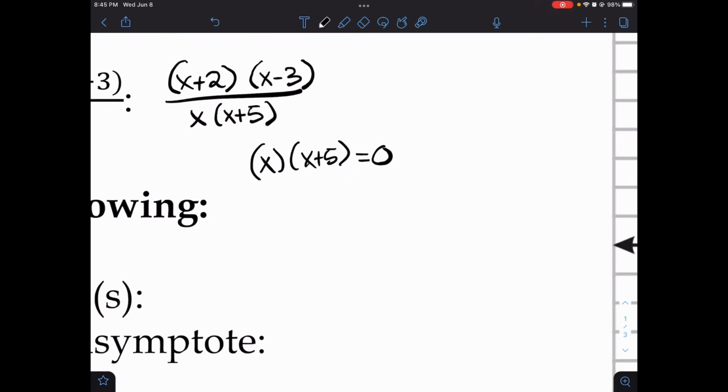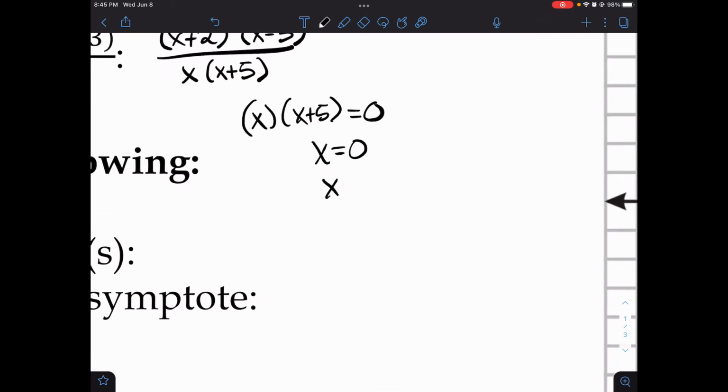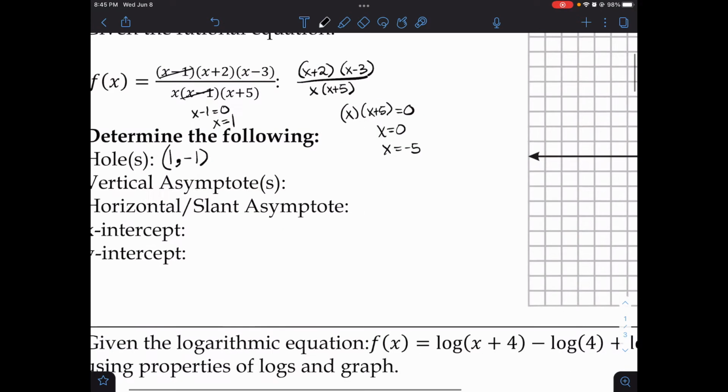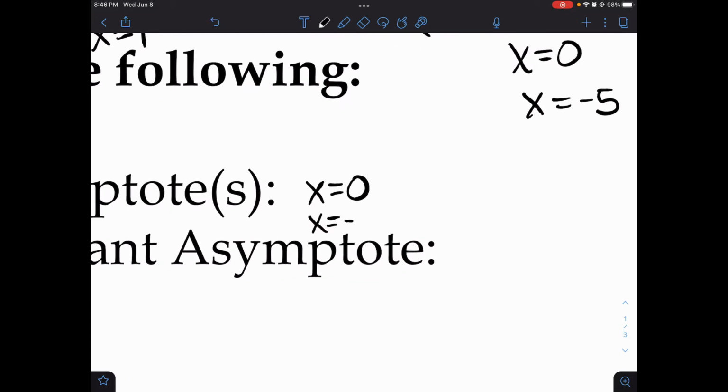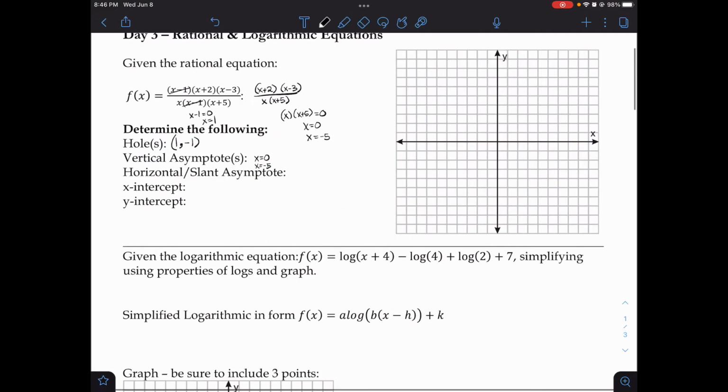What that gives us is that our vertical asymptotes lie at x is equal to 0 and x is equal to negative 5. So let's write that out. x is equal to 0, x is equal to negative 5. So there are two vertical asymptotes, which makes this graph even more interesting.